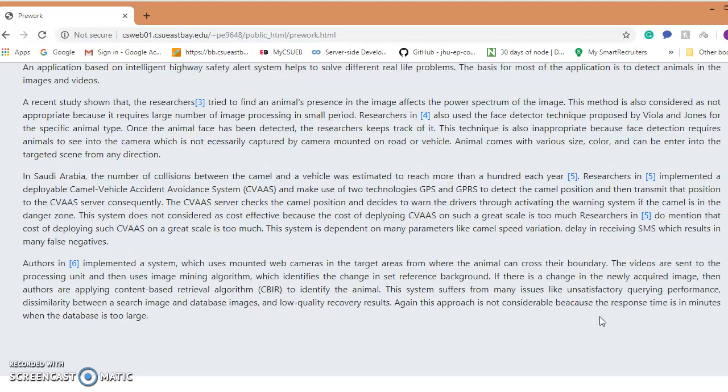This system suffers from many issues, like unsatisfactory querying performance. If there is a dissimilarity between the search image and the database image, the quality of retrieval results is low. Because of all these reasons, this approach is not considerable, because the response time is in minutes when the database is too large.